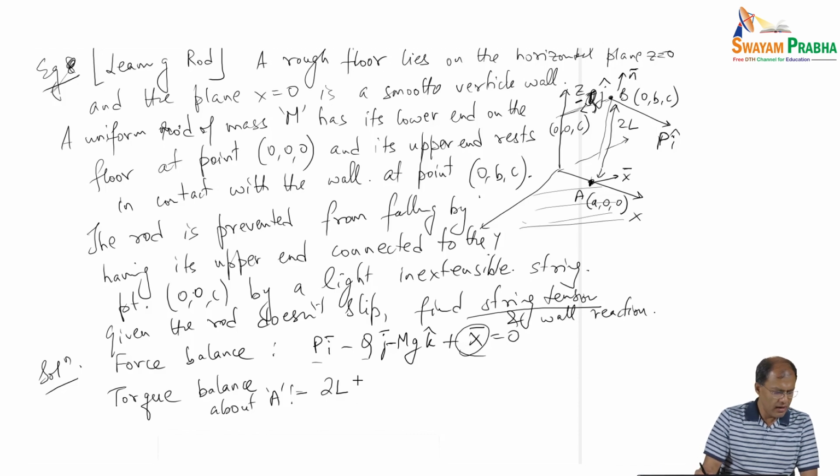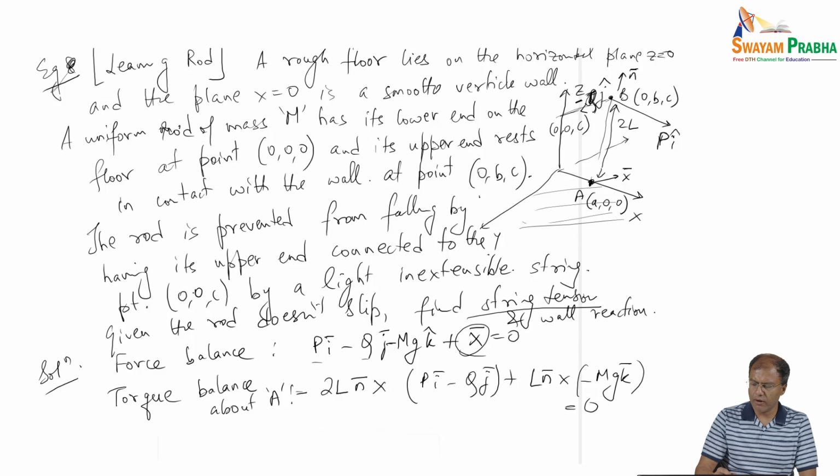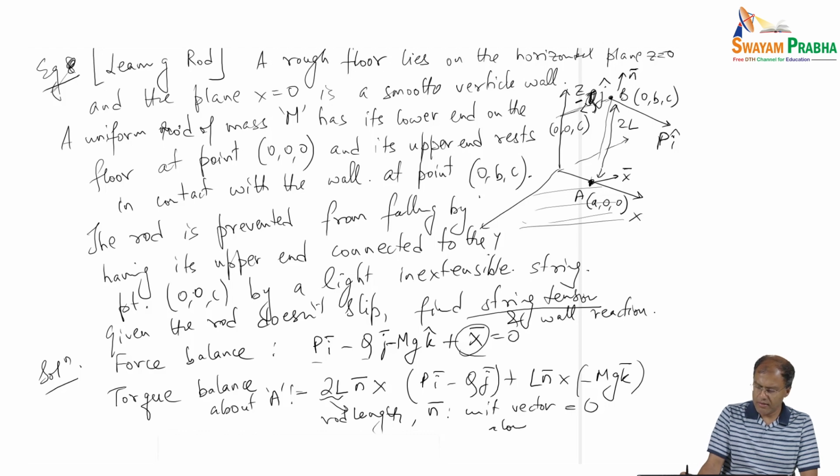So 2L n bar cross P i minus Q j, plus L n bar cross minus mg k, and this is equal to 0. So this is the torque balance about the point A. And of course 2L is the rod length, and n bar is the unit vector along AB.